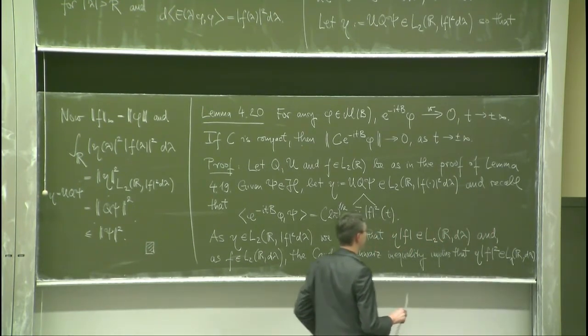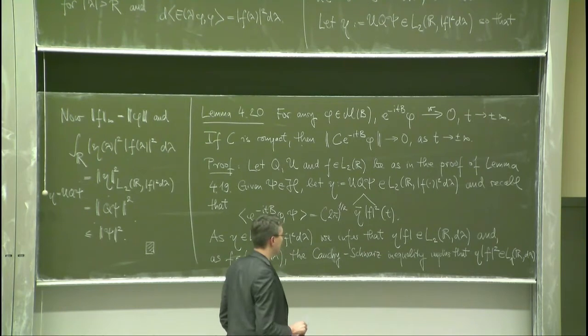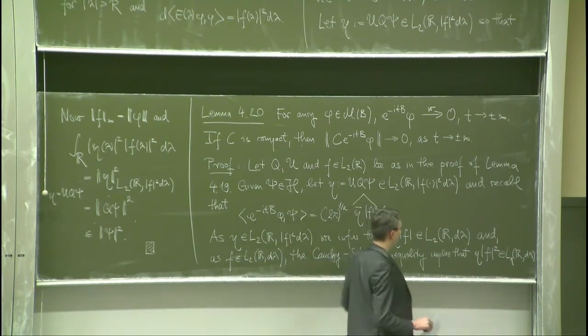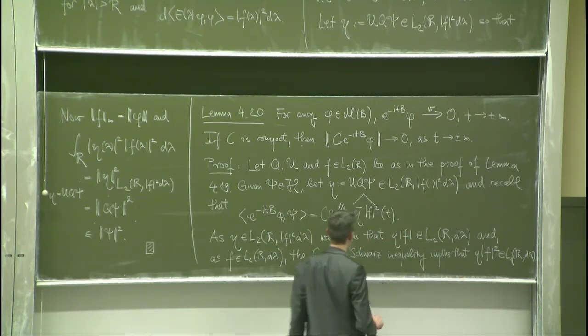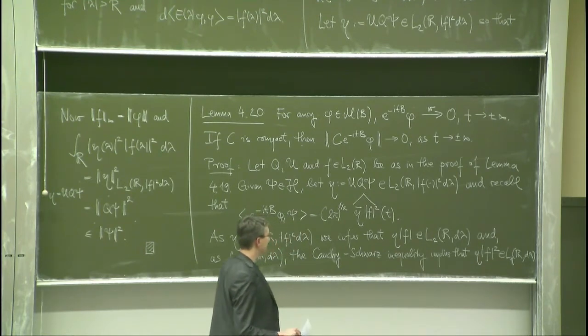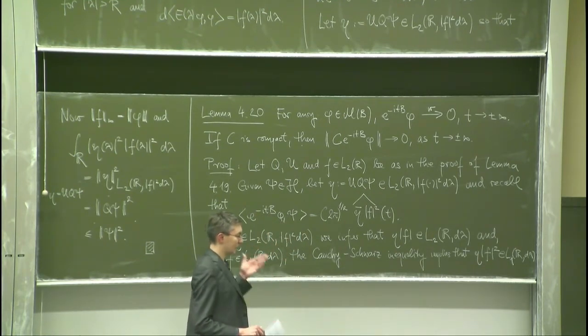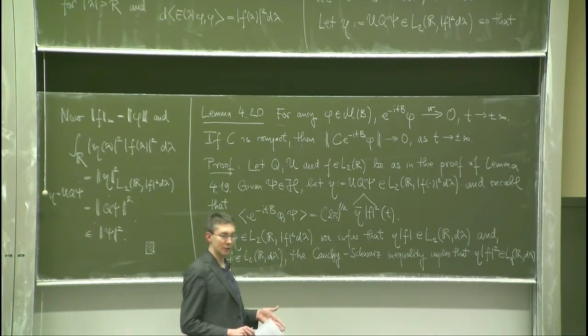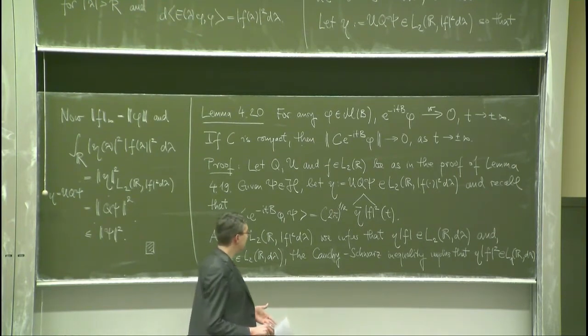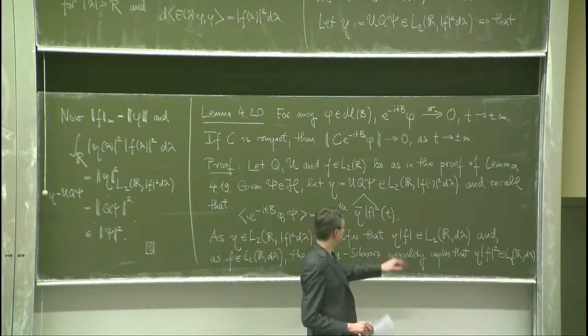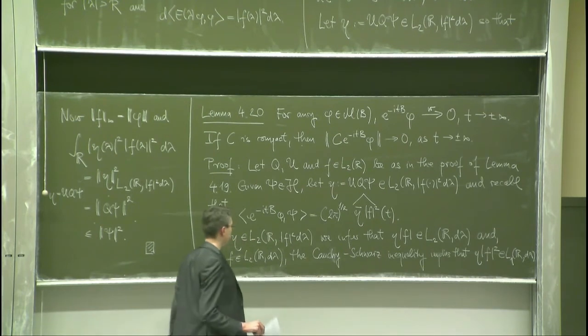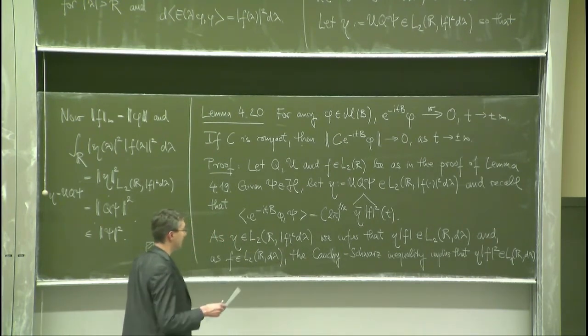This is simply Cauchy-Schwarz, because if you take the L1 norm of this object, you can split it into eta times the absolute value of f times the absolute value of f. Here you use that this is L2, and we also have that this is L2. So that is why this works.